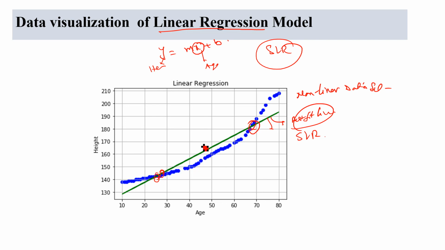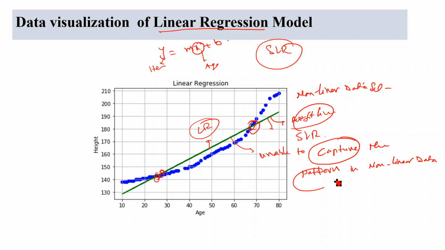So this straight line, this green line, is unable to capture the pattern in nonlinear data. When our linear regression model is unable to capture the pattern in nonlinear data, there will be a problem.